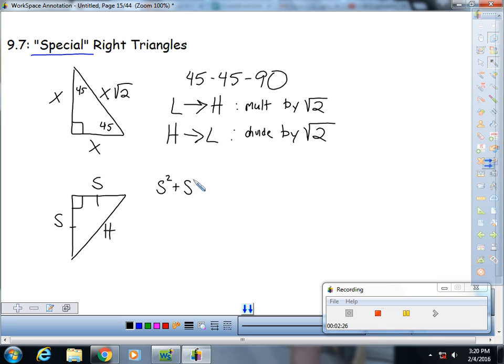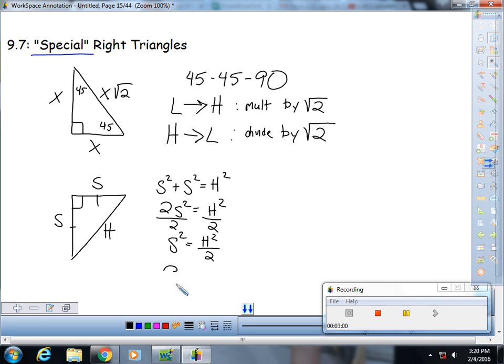S squared plus s squared equals h squared, which is 2s squared equals h squared. Divide each side by 2. You get s squared is h squared over 2.